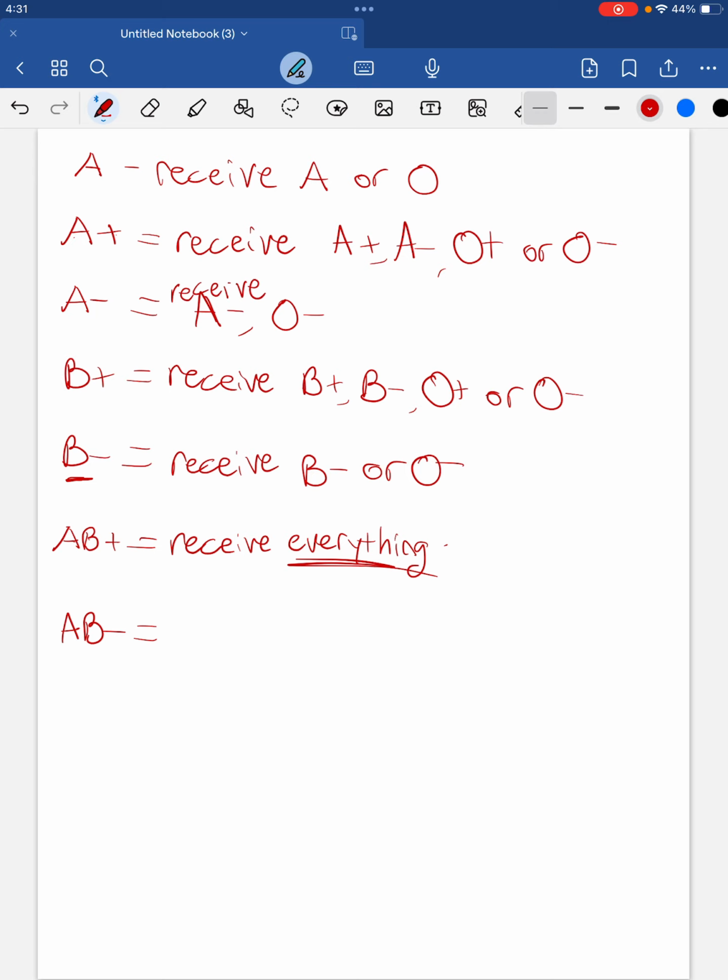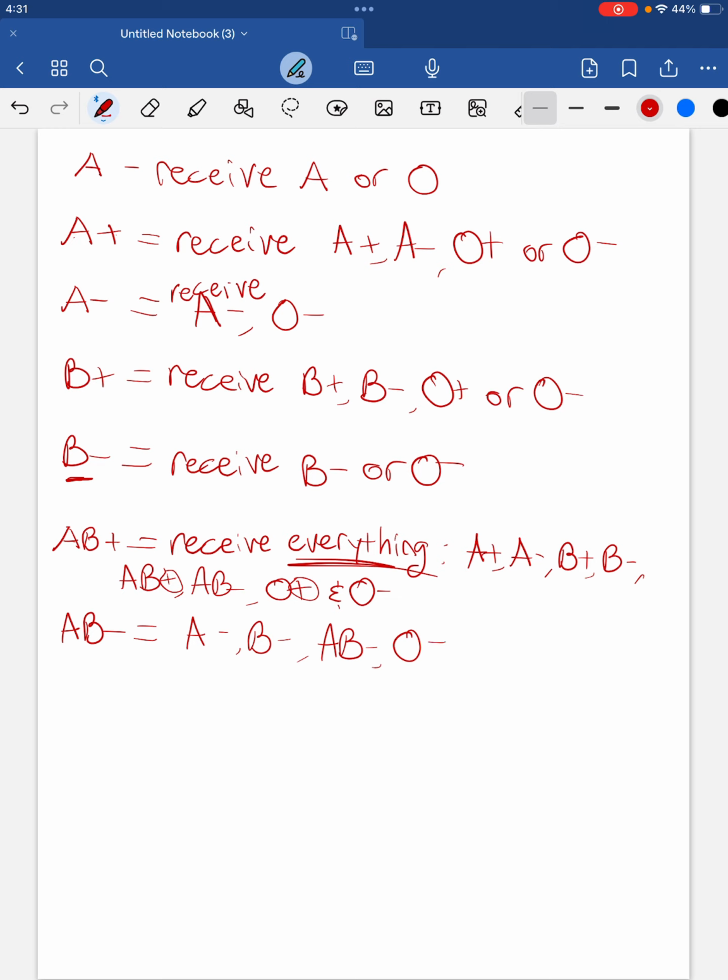That includes A positive, A negative, B positive, B negative, AB positive, AB negative, O positive, and O negative. Universal acceptor. AB negative can receive any negative blood type. Because it doesn't have the Rh factor, it can make antibodies against anyone who has that, any of these positive groups. So this one can receive A negative, B negative, AB negative, and O negative.